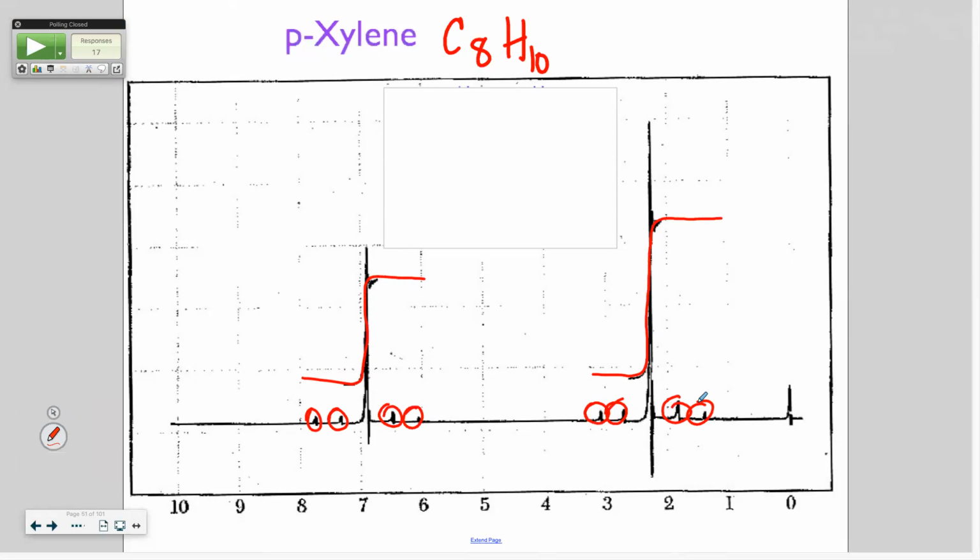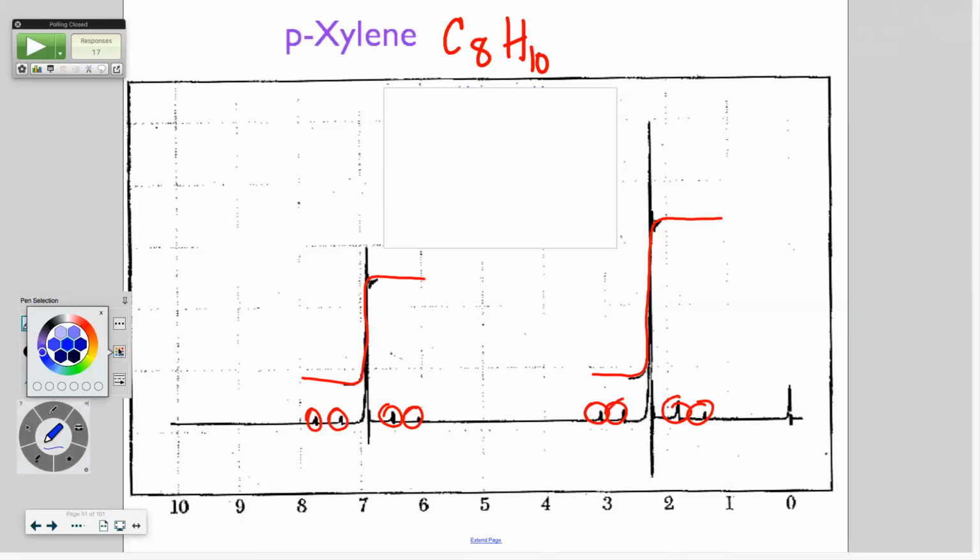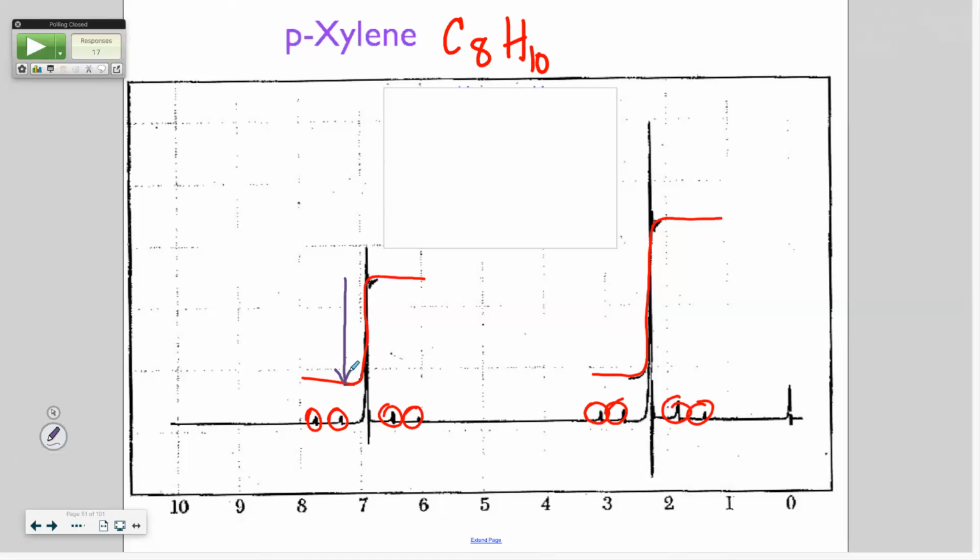Okay, so now we're going to figure out how many hydrogens is each of those two peaks. This is a method that you could use to figure this out on your very own spectra. So what I did was I measured from here to here. I used a ruler and I extended it out, and I measured that distance and it was 25 millimeters.